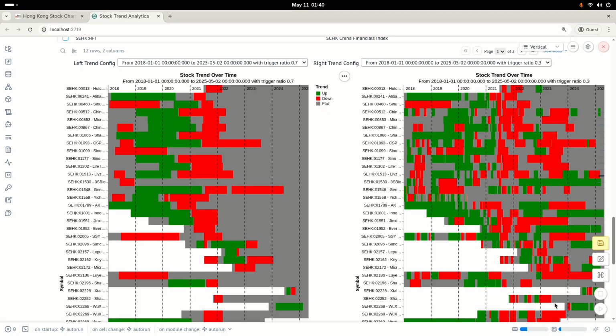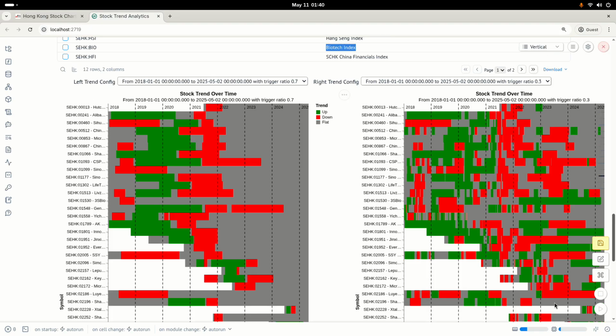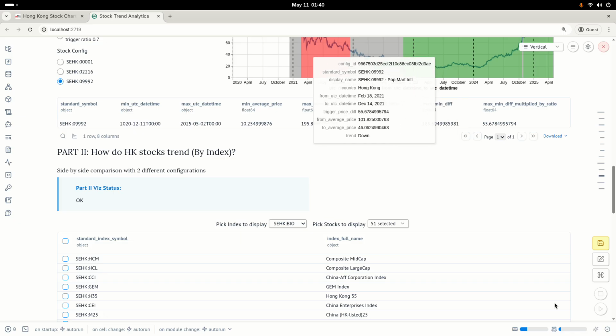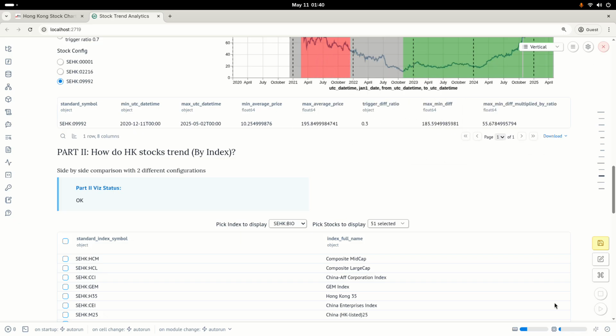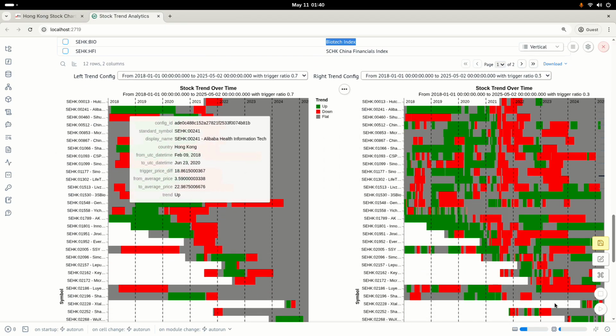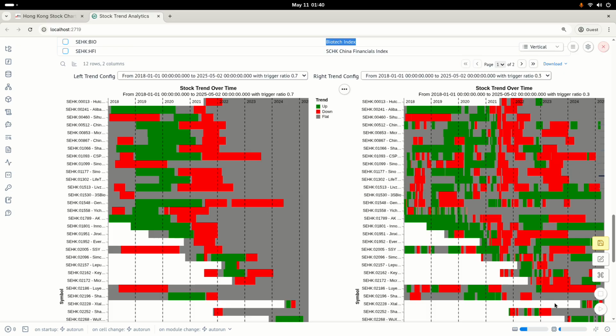Each row represents a stock which belongs to the biotech index, and each has the up-down-flat segmentation. So it is quite similar to what you saw up there, but I skip the whole average line and only highlight the up, down, and flat colors in this chart.